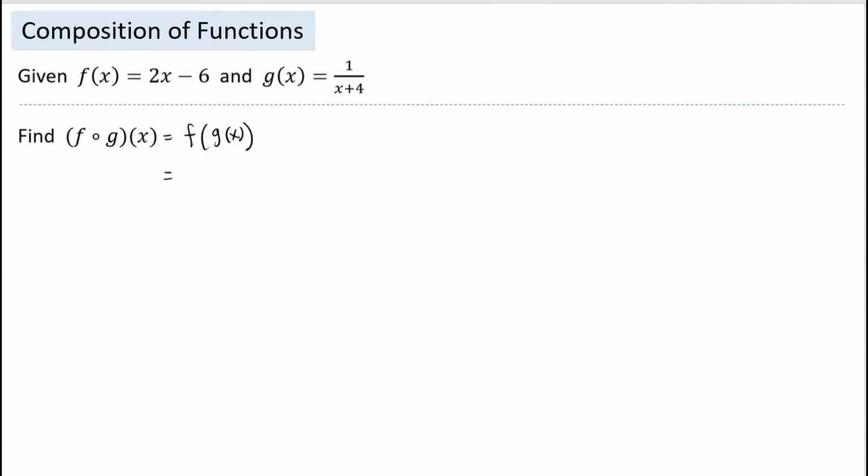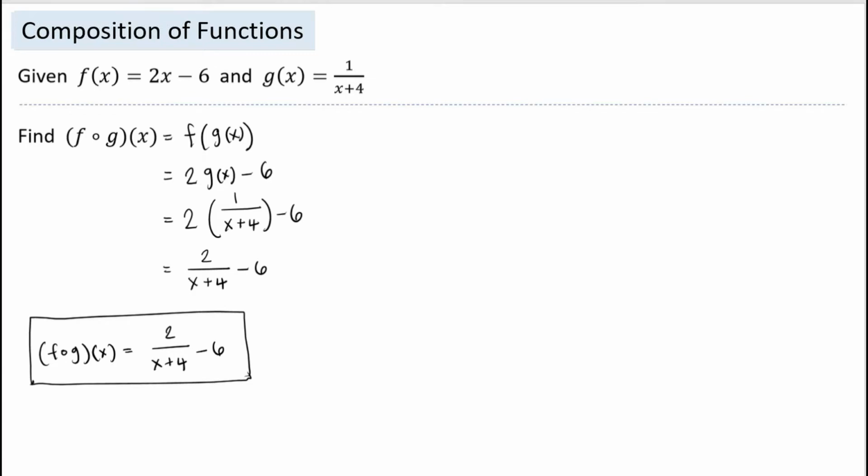We have 2 times g of x minus 6. Then we have 2 times 1 over x plus 4 minus 6. So we get 2 over x plus 4 minus 6.